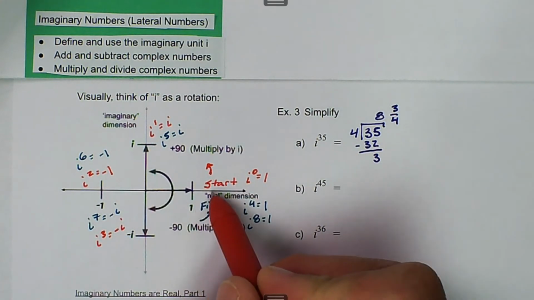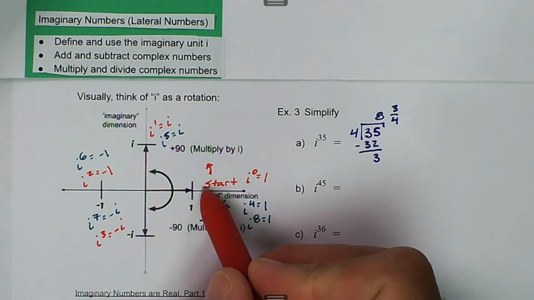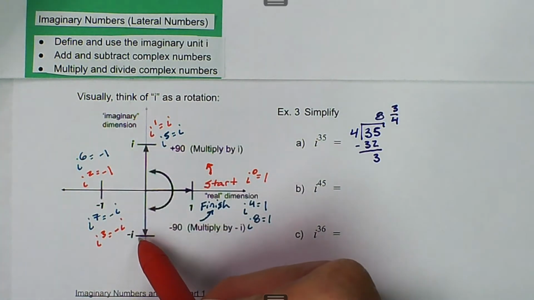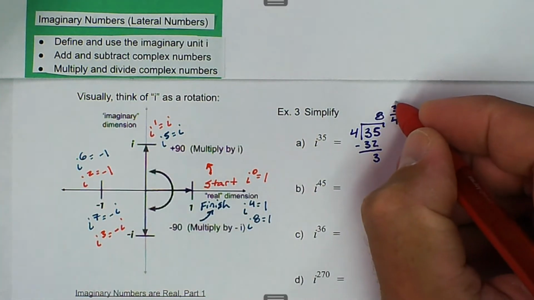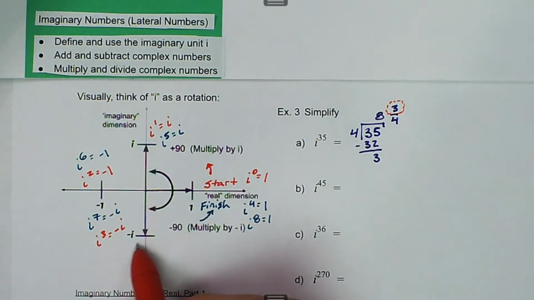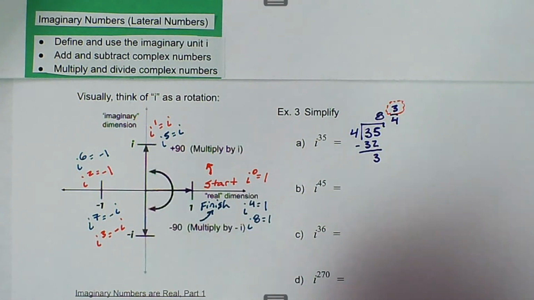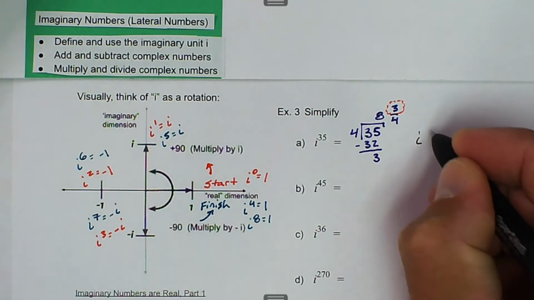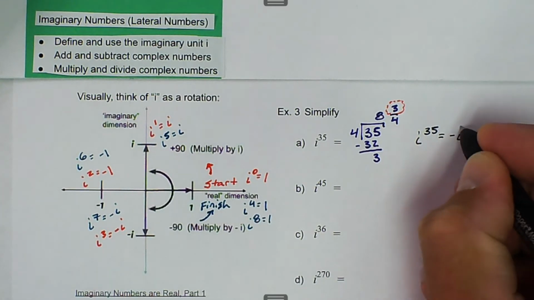That took us to 32. And then we have to go 3 more. 1, 2, 3. This is the most important thing, because that tells us that we're at -i. So we can write this down as i to the 35th power is equal to -i.